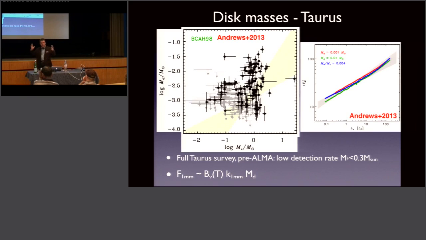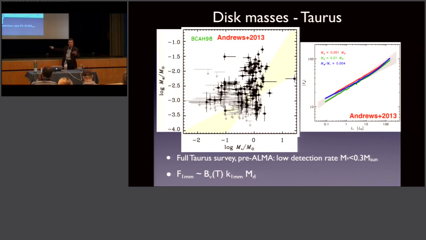Again, these are unresolved measurements, so these are just photometry of the disk. And basically, what you see from this survey is, again, the problem of the sensitivity that I just alluded to. When you go into the low mass regime, roughly speaking the boundary between stars and brown dwarfs, for stars you detect a large fraction of the objects.